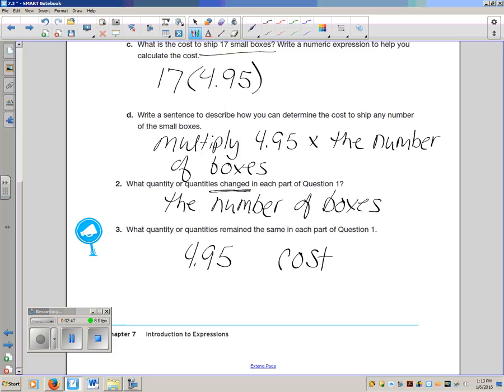Quantities that change are called a variable. Quantities that stay the same are a constant. Two important terms for algebra: variable and constant.